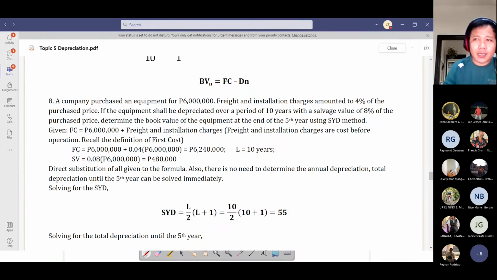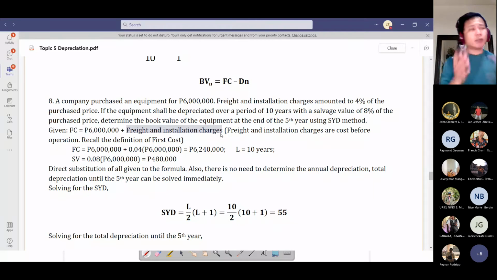That's why we add the freight and installation charges to the first cost, because these two are not part of the operation. They are before operation. Okay. Clear so far? This is the part of depreciation that is critical, the first cost.